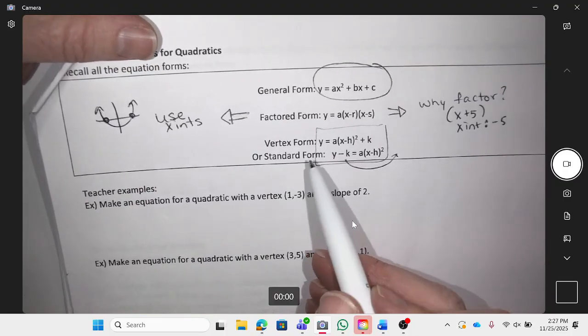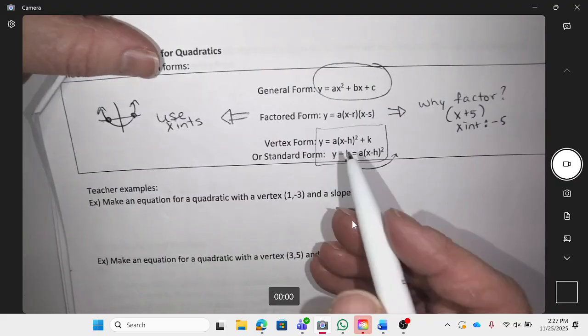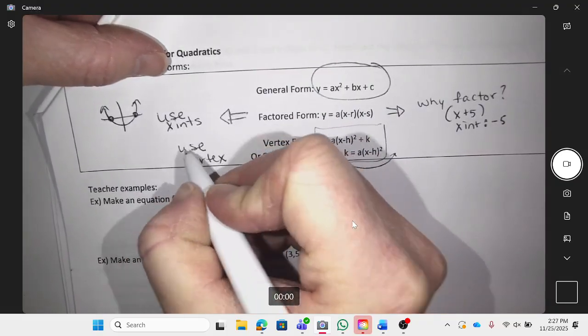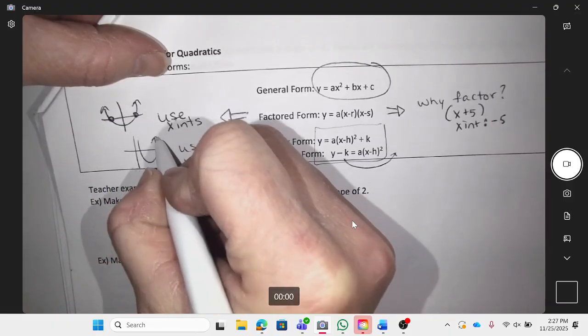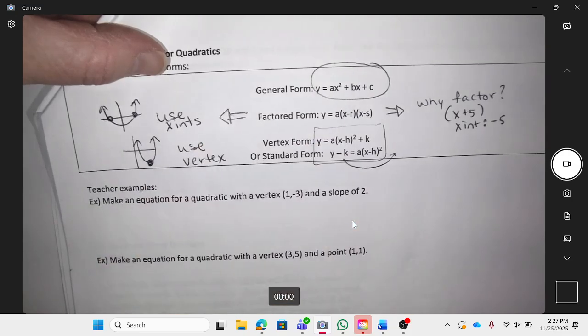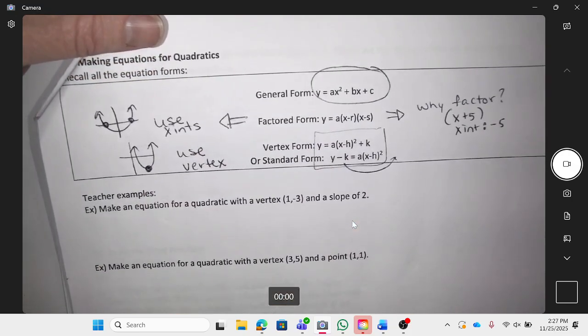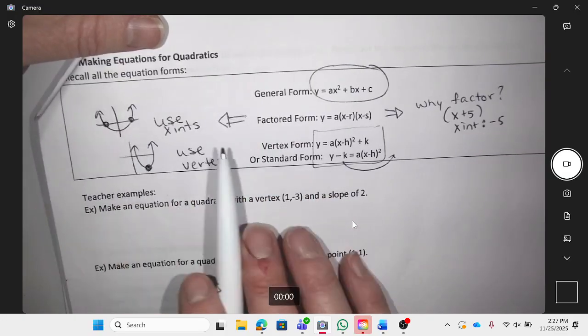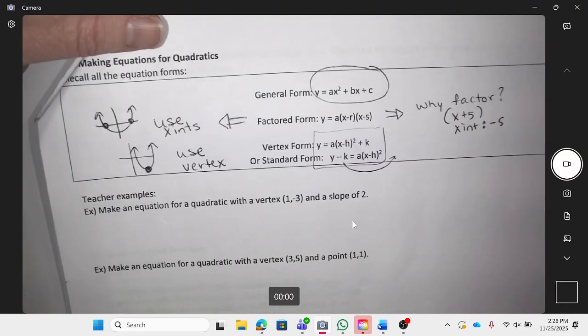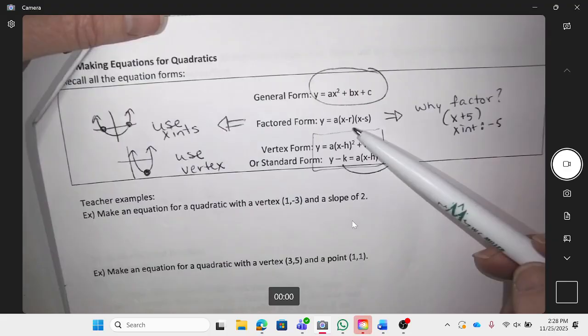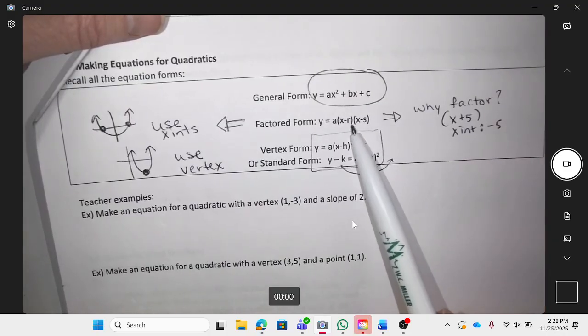And then we're going to use this kind of idea if we have a vertex. Okay, that's it. We're going to use this if we have x-intercepts, and we're going to use this if we have a vertex. Okay, we don't ever start with this, but would you agree with me that I could easily do some foiling from grade 10 and get there?